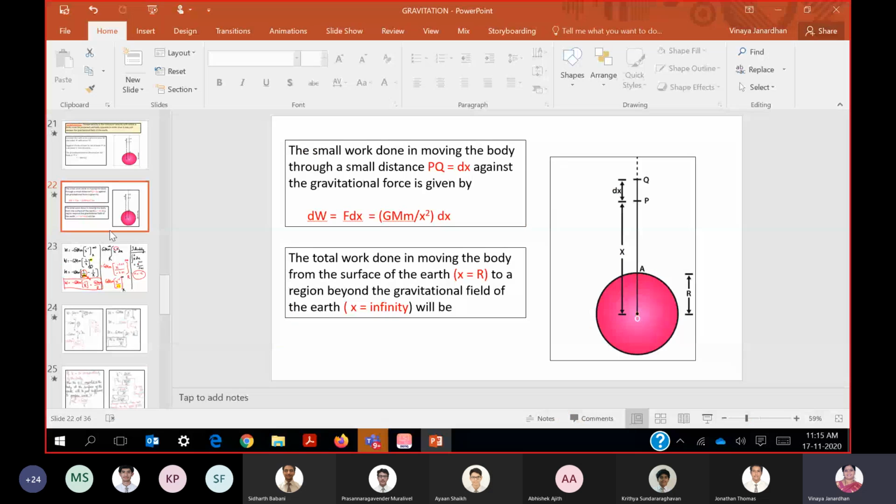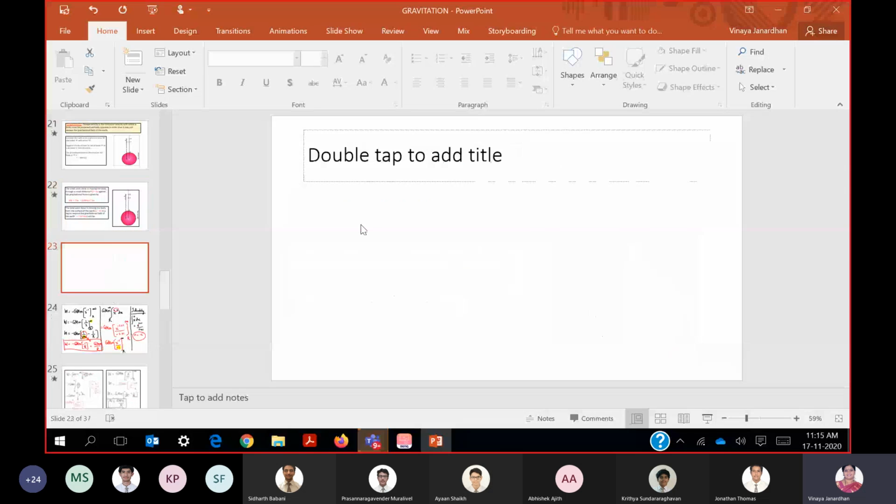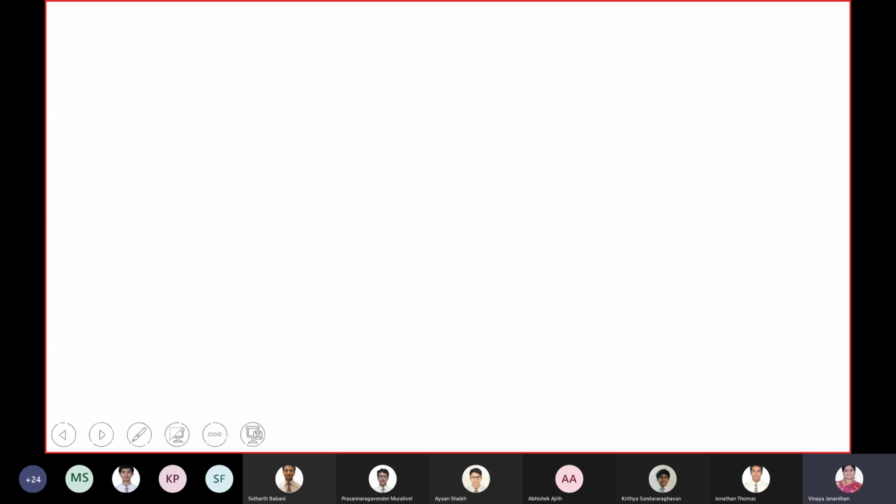Now, let me do this calculation. I'll take a new slide. So the total work done is equal to the integral of dW. The object has to move from the surface, which is at a distance of r from the center of the earth, to infinity. What is F?